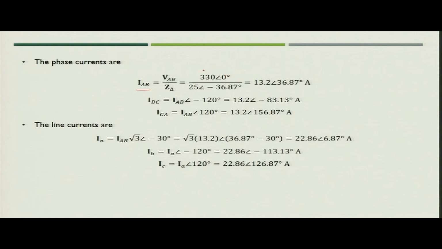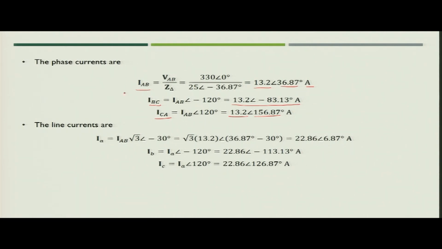When you simplify, you will get IAB is nothing but 13.2 angle 36.87 degree ampere. Similarly, IBC you will get 13.2 angle minus 83.13 degree ampere. ICA you will get 13.2 angle 156.87 degree ampere.